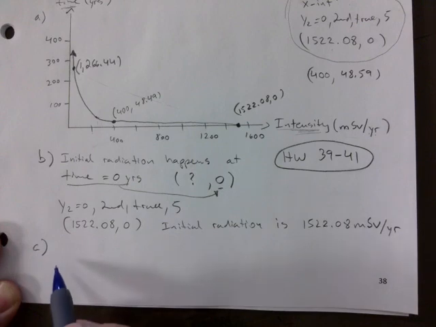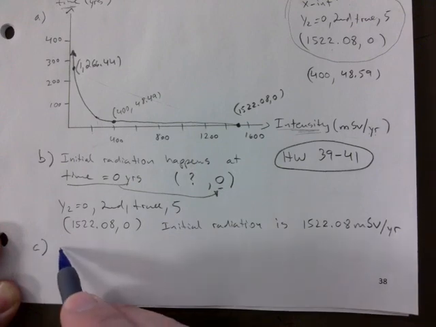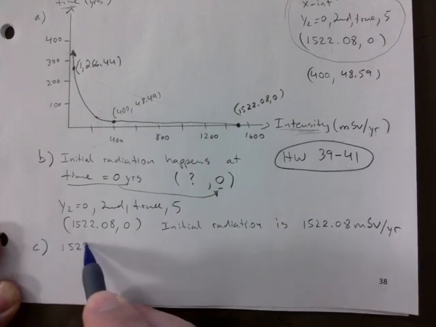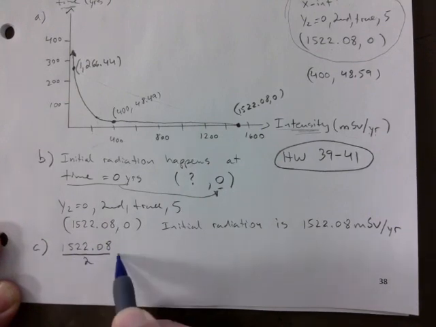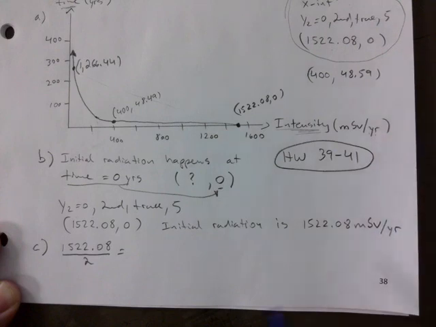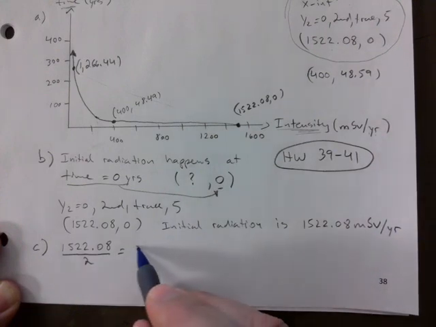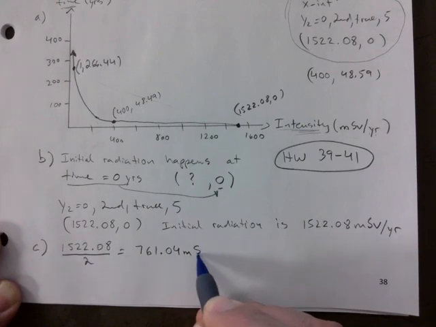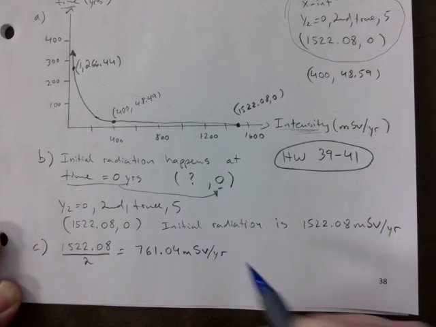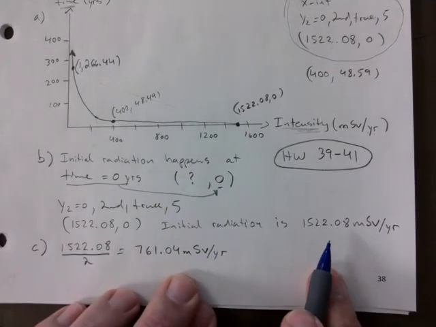Half the initial radiation. So we're going to go 1522.08, divide that in half, and we get 761.04 MSV per year. That's what we're after.